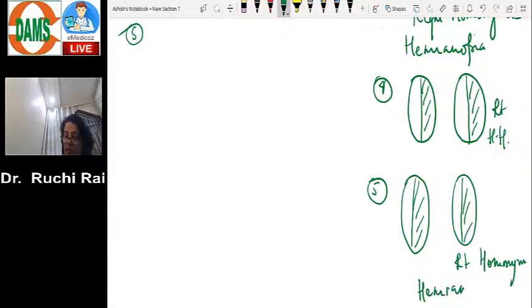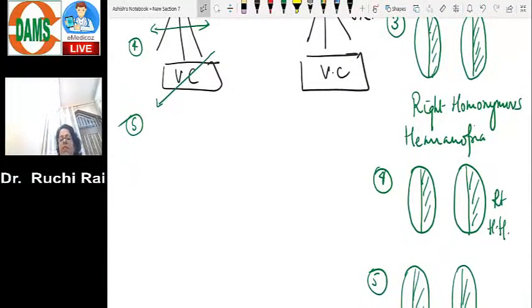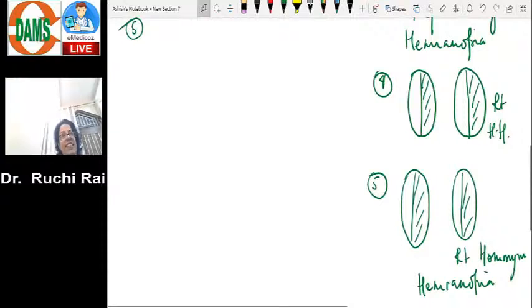Okay, so now I ask you a question. Am I trying to say there is no difference? What about tract lesions, radiation lesions and visual cortex? Is it a full description, that is right homonymous hemianopia in all these cases? No, we are missing one important term, and that is: congruous or incongruous?